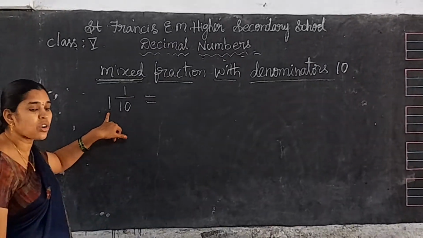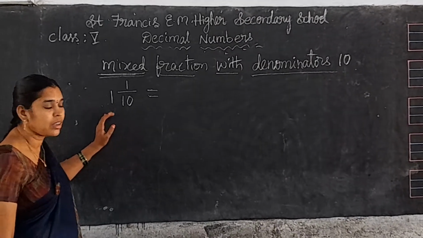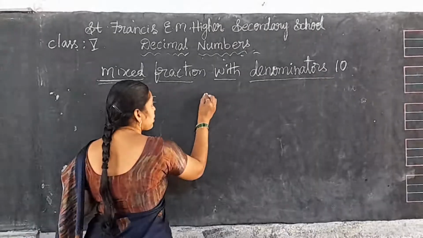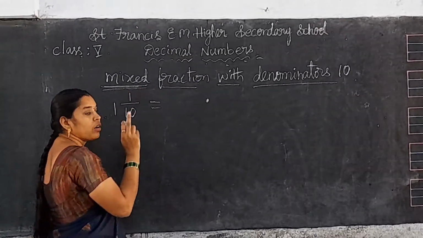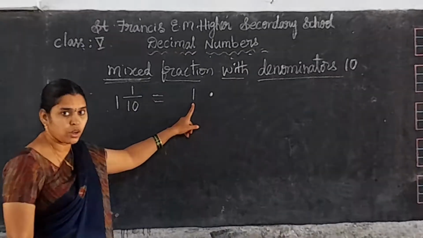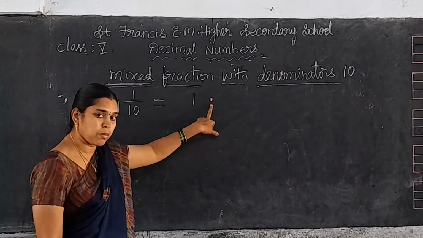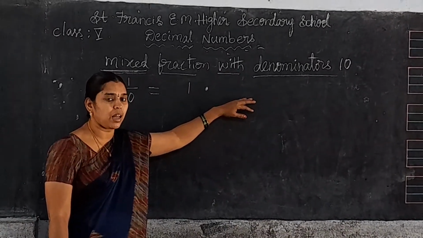Where should we write this whole number? In decimal numbers, before the point. Before the point we read it as the whole part, and this is the decimal point. After that we call them decimal numbers.